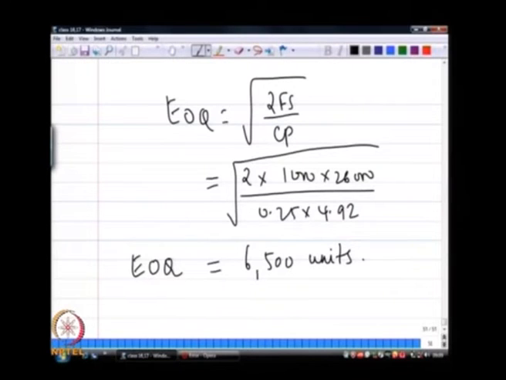So, it means for an annual sales of 26,000 shirts that we assume this entity is going to make, and with an economic order quantity of 6,500, the next data point we can arrive at is the total number of times we have to place an order during this period.